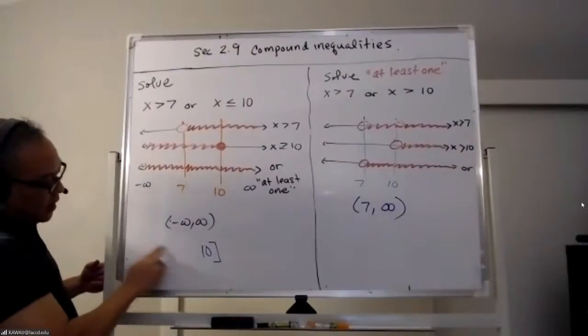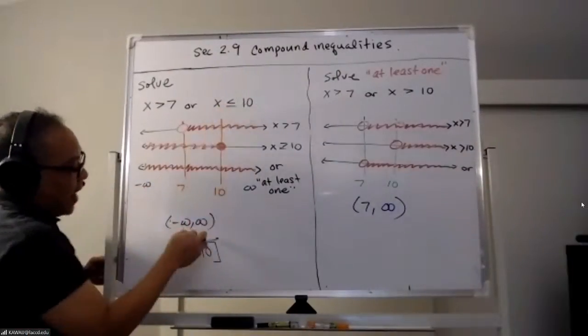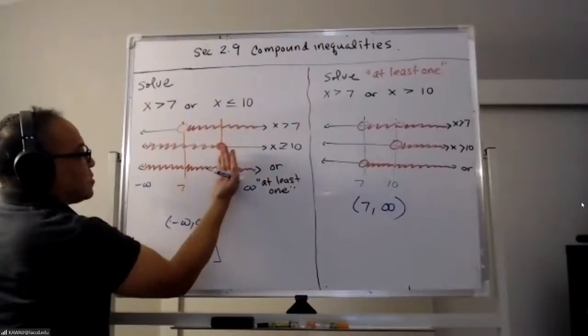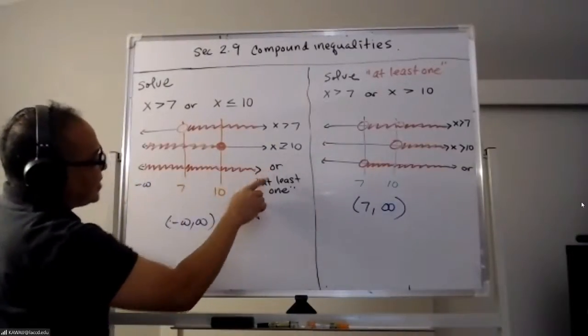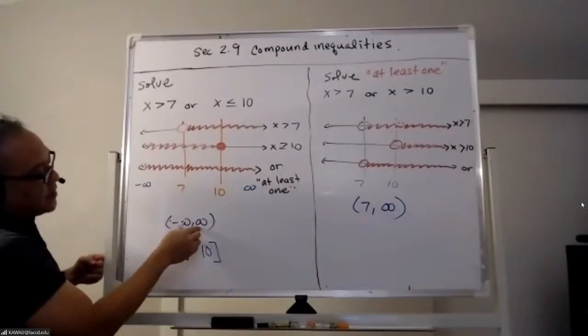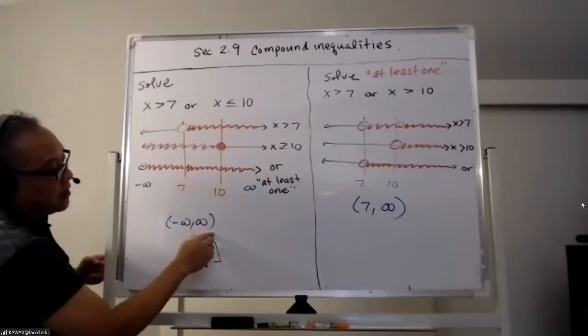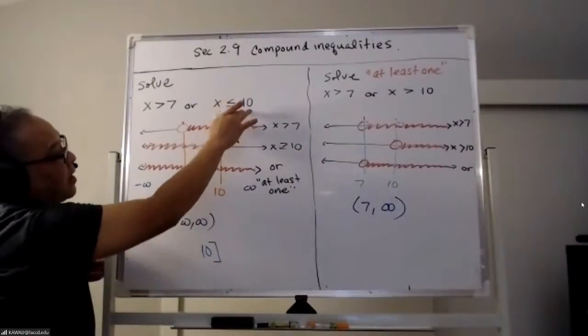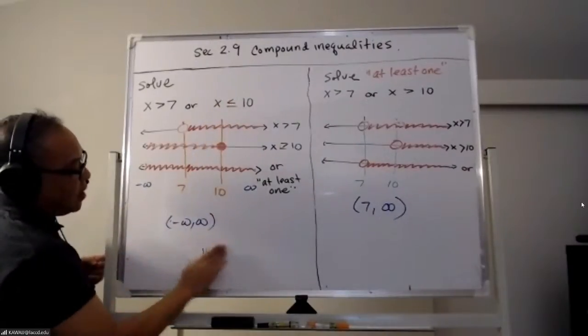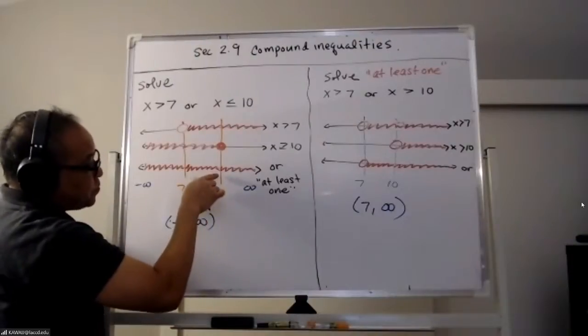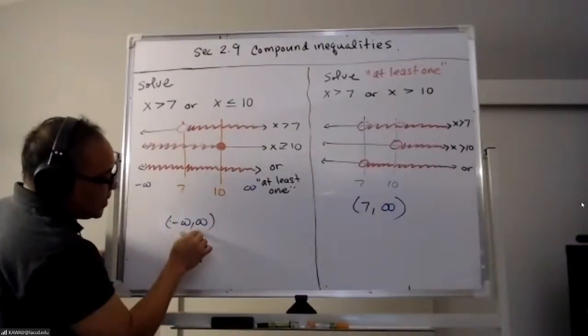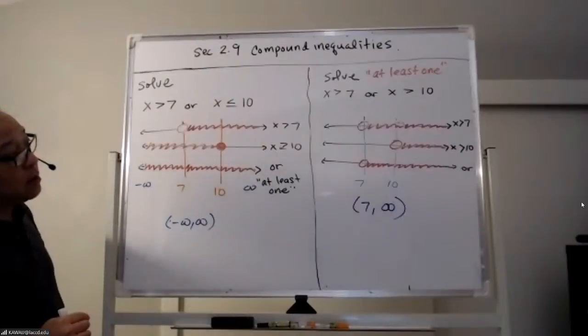Actually, that's not true. If 10 is in your answer, like this thing, your answer stopped over here, you would use a bracket. But because it goes past it, anytime you have something next to infinity, you use a parenthesis. Oh. So you only care about that bracket next to 10. You only care about that if the actual number 10 is in the answer. Okay, I get it. Thank you.